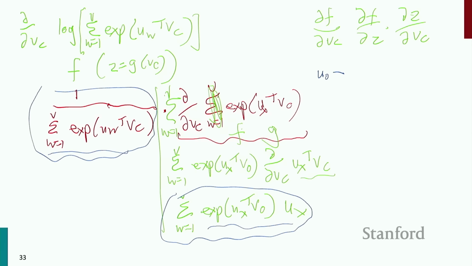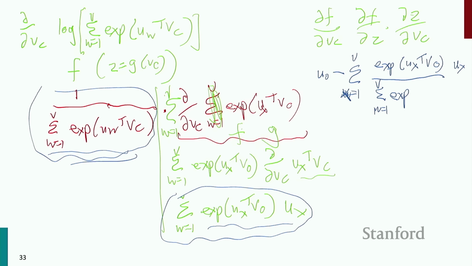And so we can rewrite that as the sum from w equals 1 to V of the exp of u_x^T v_c times u_x over the sum, sorry, x equals 1 to V, sum over w equals 1 to V of the exp of u_w^T v_c.